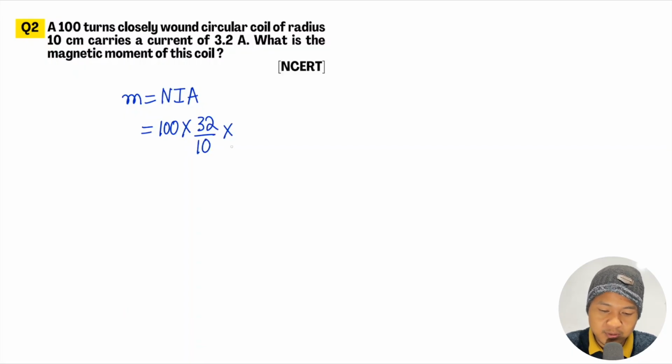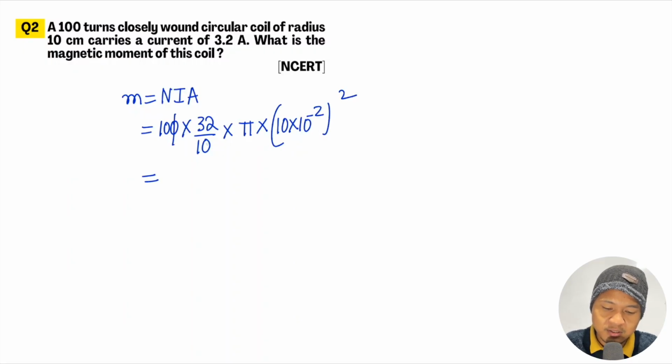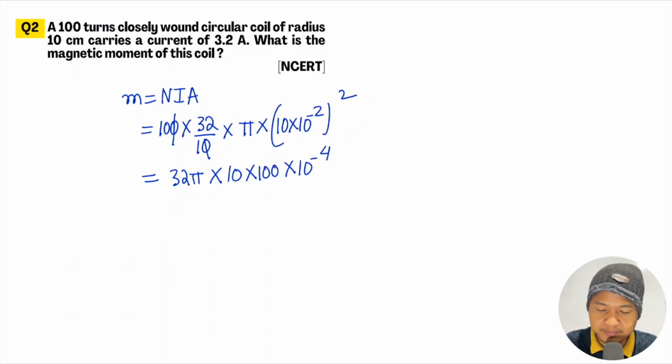So into the area. The circular coil has area pi r square. So pi r square, where r is 10 centimeter, 10 into 10 power minus 2, the whole square. Okay, so solve that one. So you have 32 pi into 10 into 10 square, 100 into 10 power minus 4.